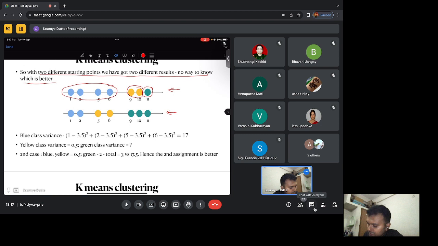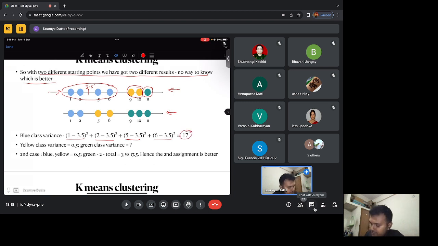So I am computing the variance of the blue class in the first example. If you see here, 1 plus 2 is 3, plus 5, plus 6. The center of this, the blue mean, would be 3.5, and this is the variance: 1 minus 3.5 whole square, plus 2 minus 3.5 whole square, plus 5 minus 3.5 whole square, plus 6 minus 3.5 whole square, all of this summed will give you 17.